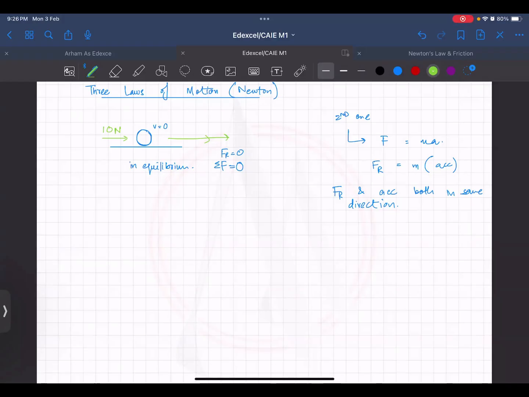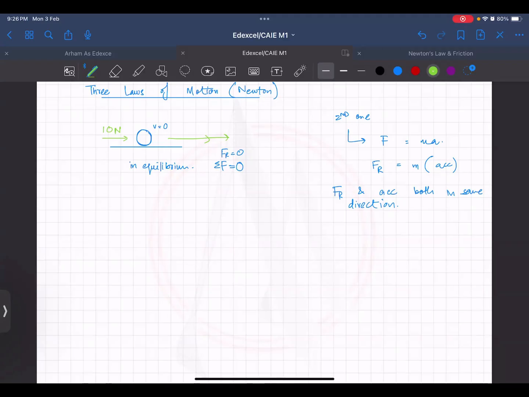So the acceleration or the velocity of the object would be in the same direction as the force. This is the rule, that the acceleration will always be produced in the same direction as the resultant force on that object. This is important, and it is equal to the mass times the acceleration of that object. It would always produce acceleration.